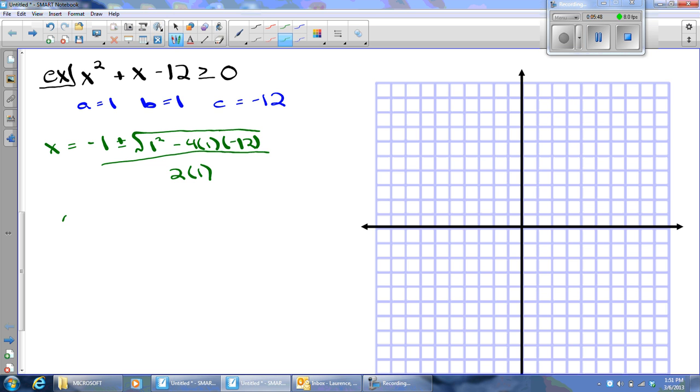Okay, we're going to split this up. Negative 1 plus the square root of 49, and x equals negative 1 minus the square root of 49, and don't forget over 2.